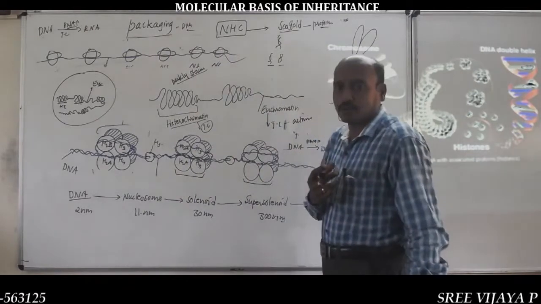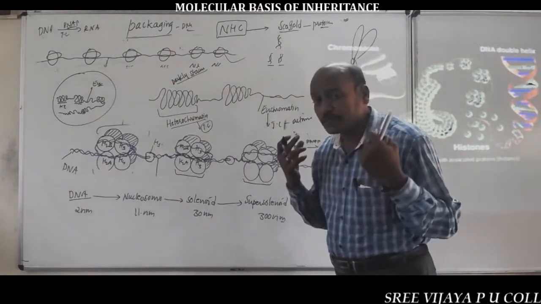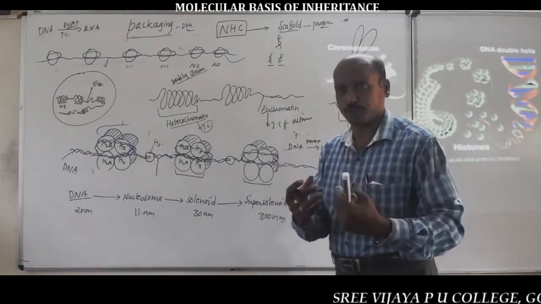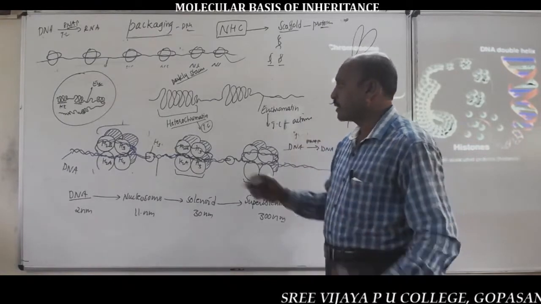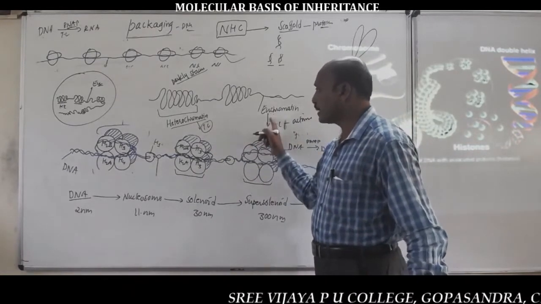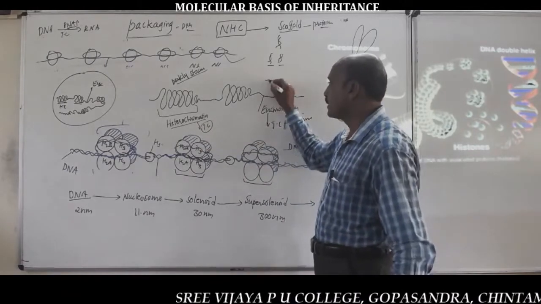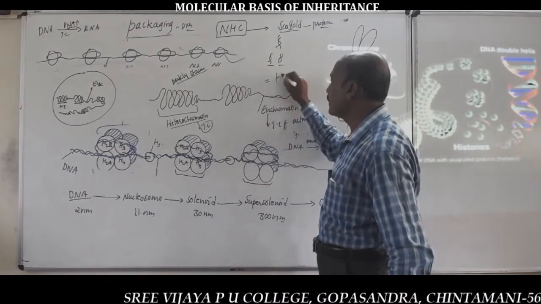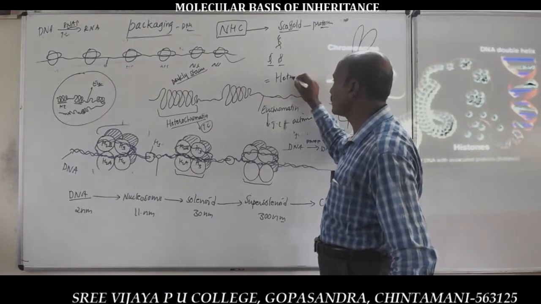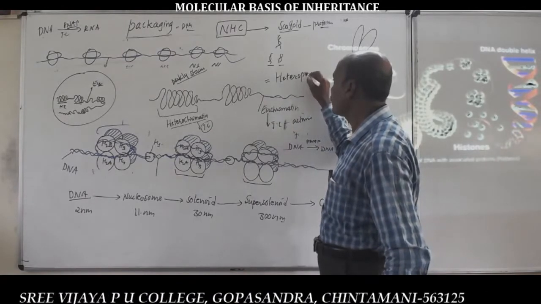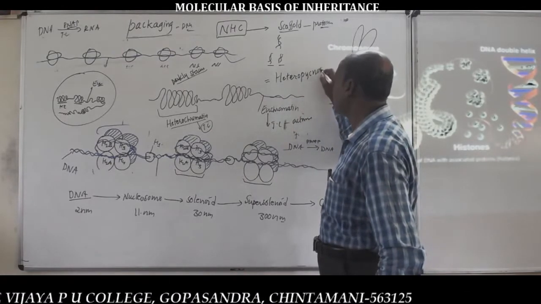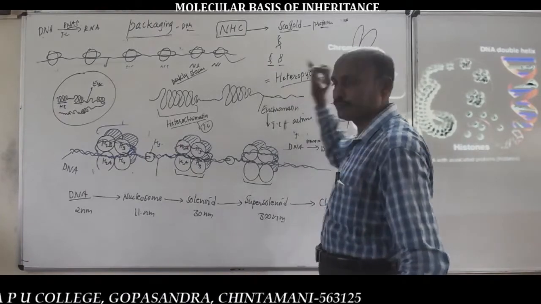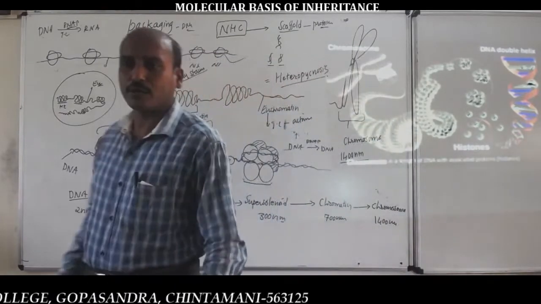Important. One more question. This behavior of a chromosome, chromatin fiber in the form of euchromatin and heterochromatin, is collectively called heteropyknosis.